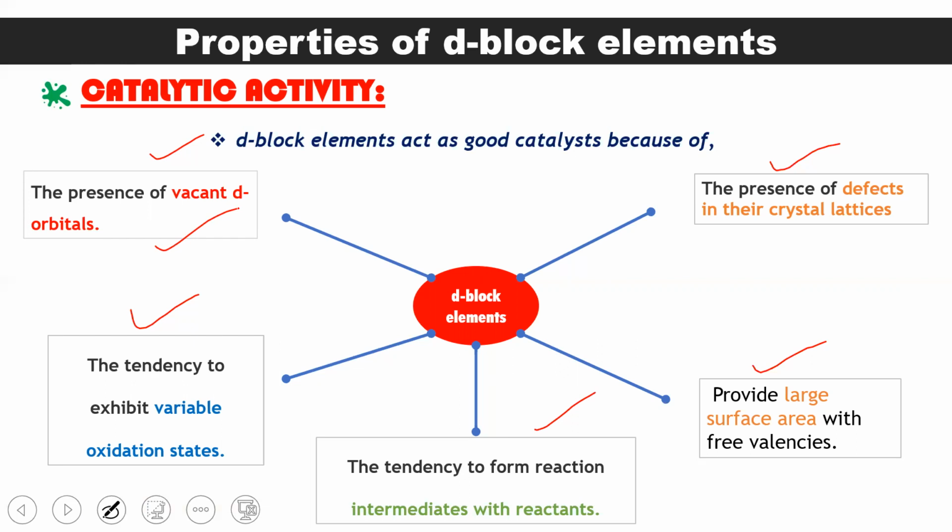And the presence of defects in their crystallites and a large surface area with free valences. So due to these factors, most of the d block elements will act as a catalyst.